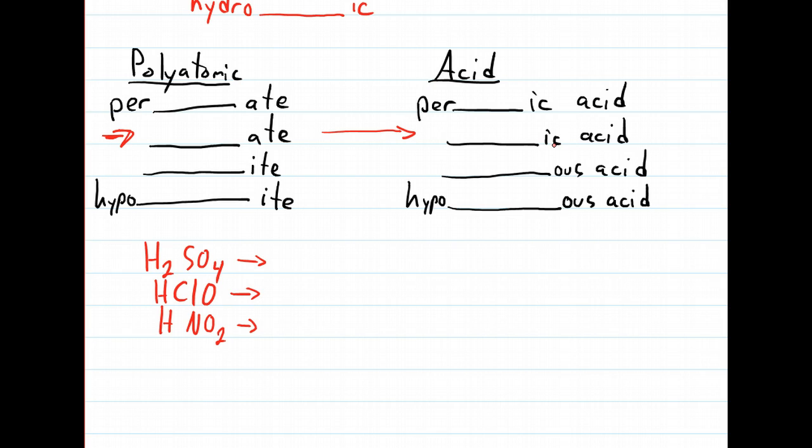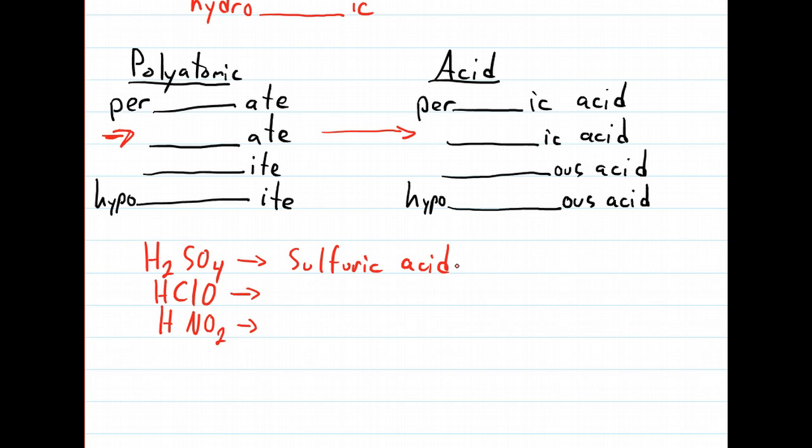So what's our acid going to be? Sulfic acid. No, you only write hydro if it doesn't have oxygen. Okay, so it becomes sulfuric acid.